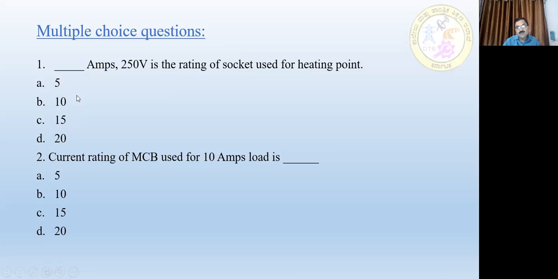So what is the value? Is it 5 amps, 10 amps, 15 amps, 20 amps?